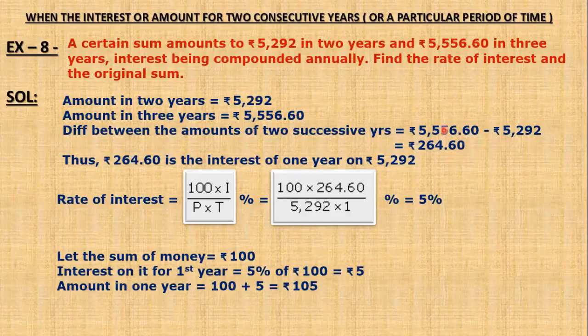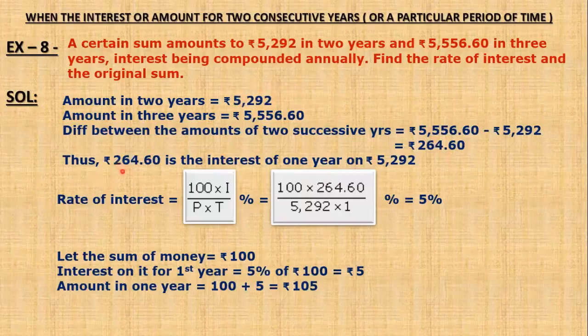Now, this difference between the amounts of 2 successive years will act as interest for 1 year on the previous amount, that is the amount for 2 years.